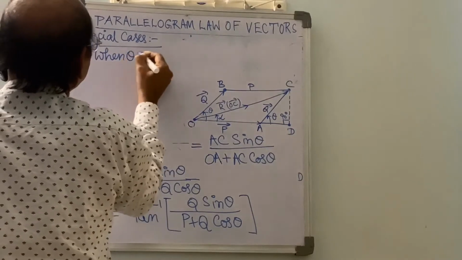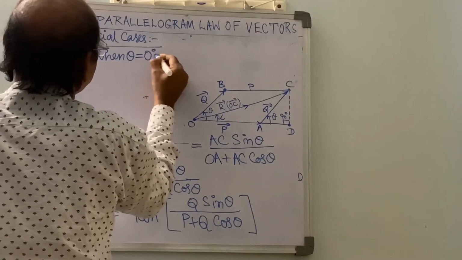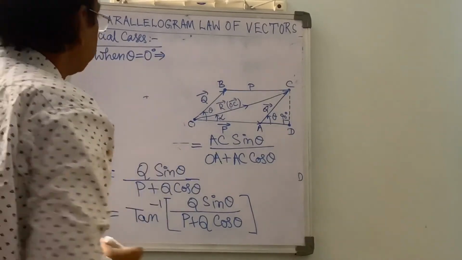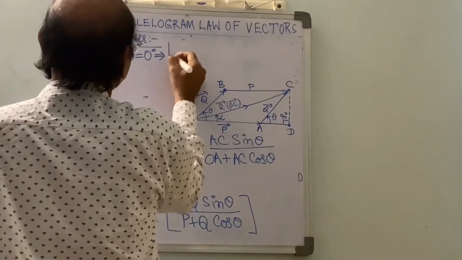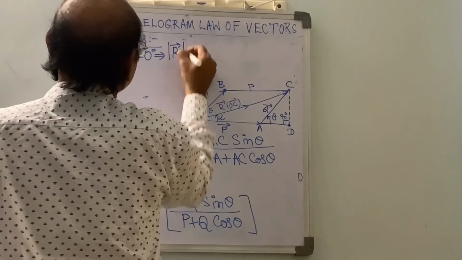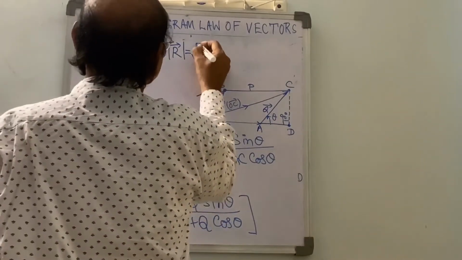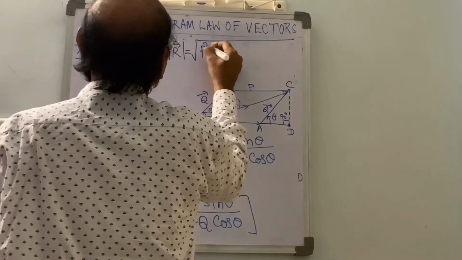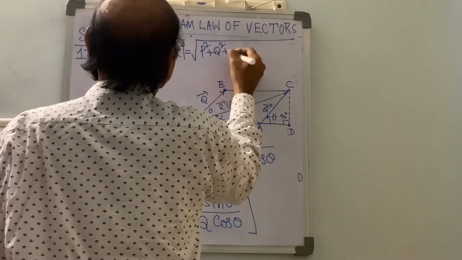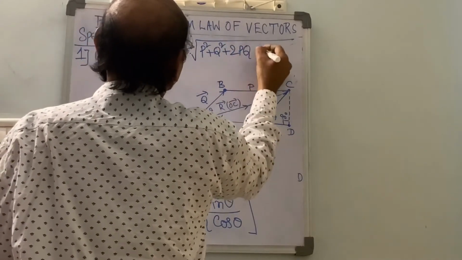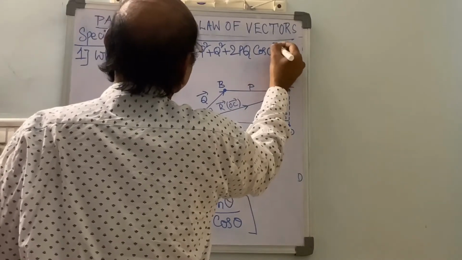When theta equal to 0 degrees, then what is the magnitude of resultant? R bar equal to square root of p square plus q square plus 2pq cos 0 degrees.